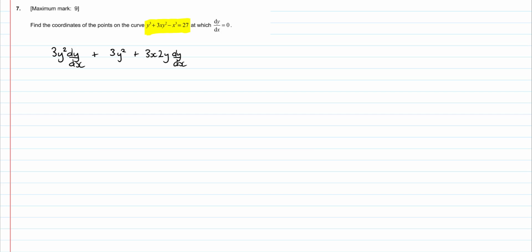Then minus x cubed is solely in terms of x, so that's straightforward, giving 3x squared. Differentiating the constant gives 0, so that 27 goes to 0. And now we can just tidy this up a little bit.